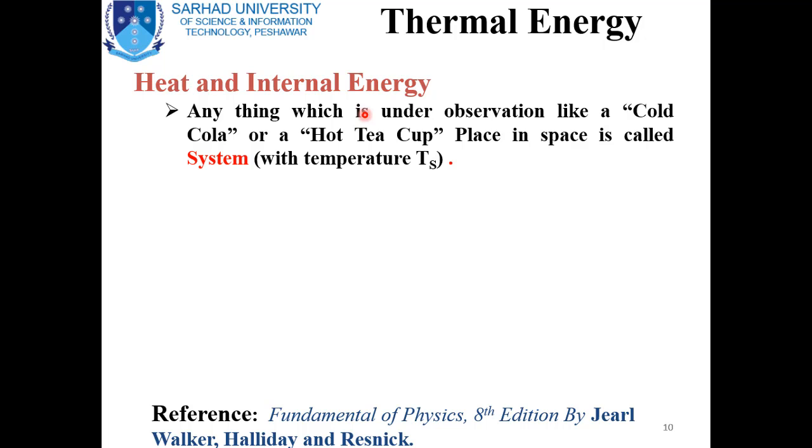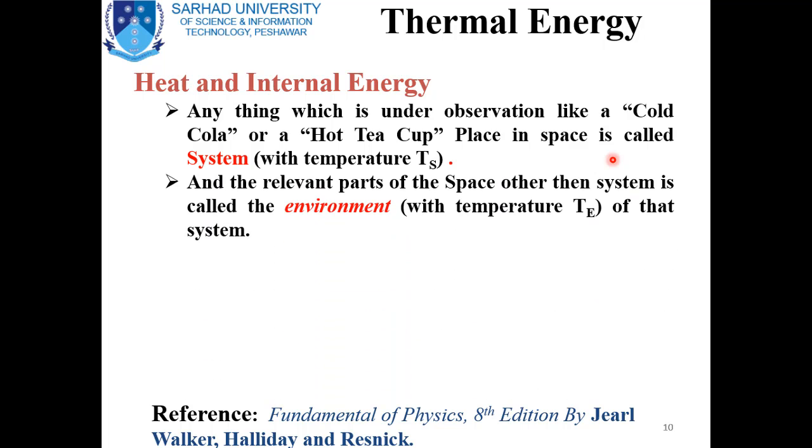So anything which is under observation, like a cold cola or a hot tea cup placed in space, is called a system, and the relevant parts of the space other than the system is called the environment, and the temperature of the environment is taken as TE, while the temperature of the system is represented by TS.